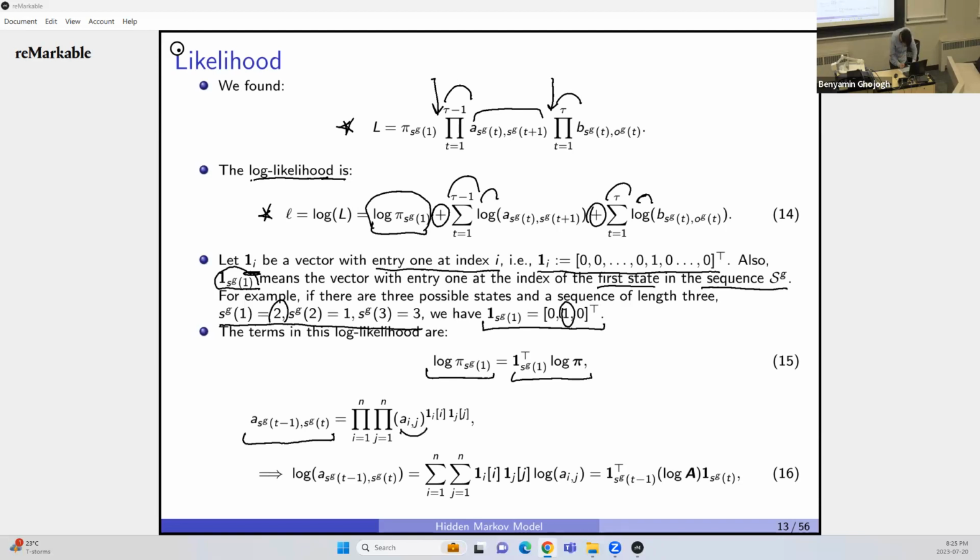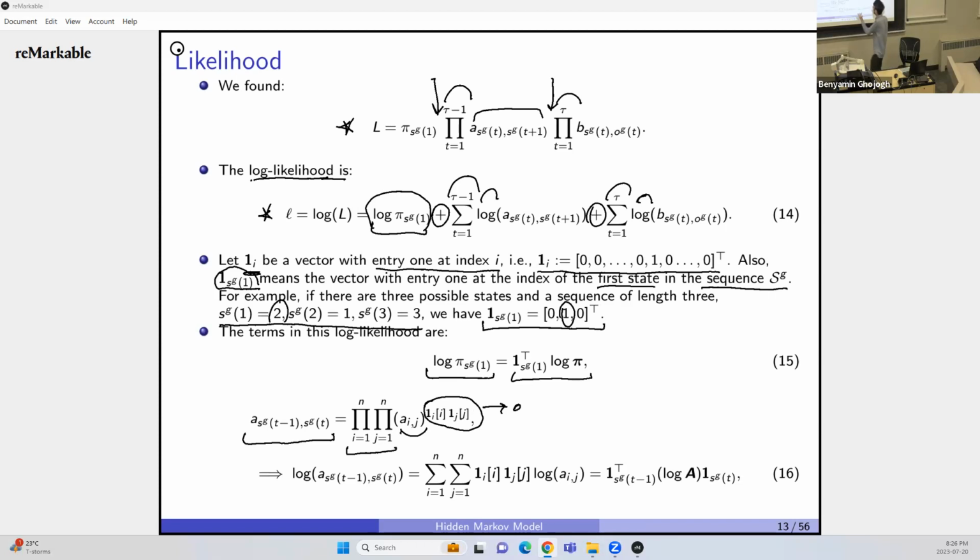So we have a_ij to the power of 1_i 1_j. What does it mean? I can have this multiplication. Everything is to the power of 0 except one term. a_ij to the power of 0 becomes 1, so it has no impact in the multiplication.